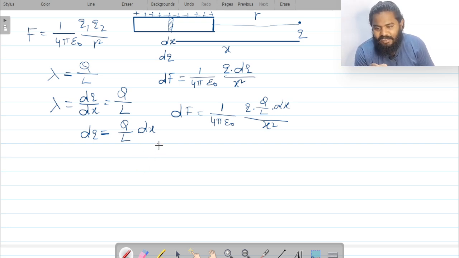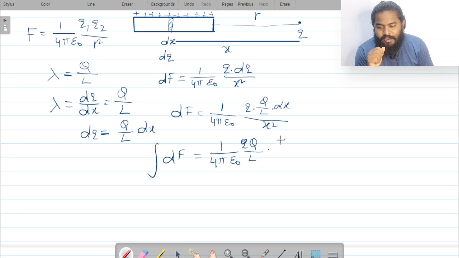Let's integrate. Integral dF is equal to 1 by 4 pi epsilon naught small q capital Q by L integral of 1 by x square dx.